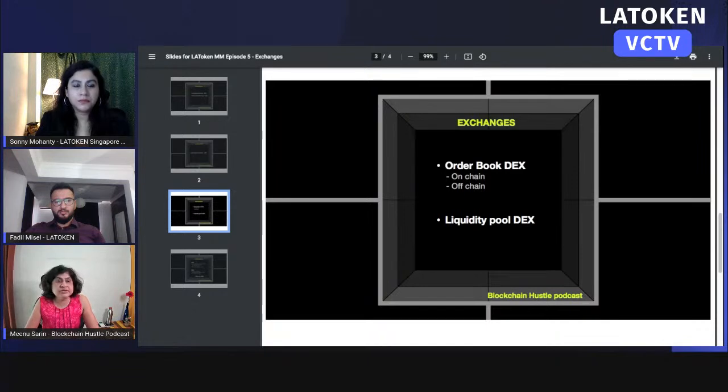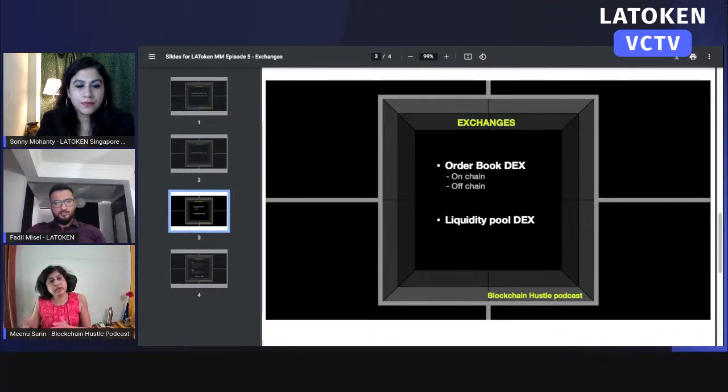So one entity, or let's say multiple entities, can pool the liquidity, and they relay the orders between the users. So this is offline. And when the parties are matched and the trade has to happen, then that trade happens on the blockchain. So that part of the trading is on the blockchain.